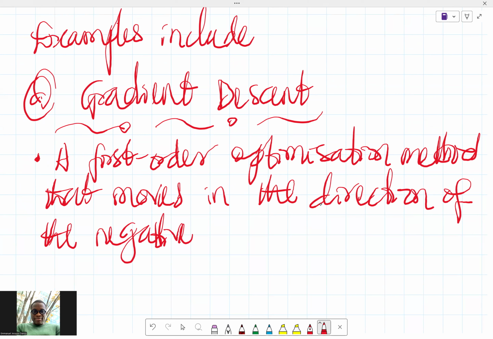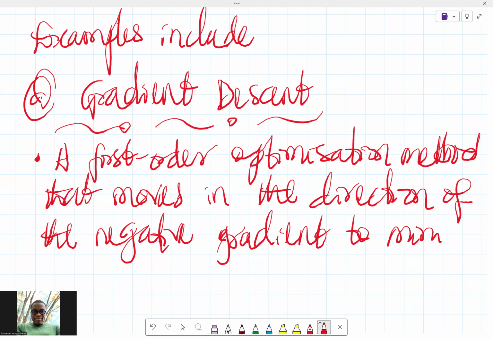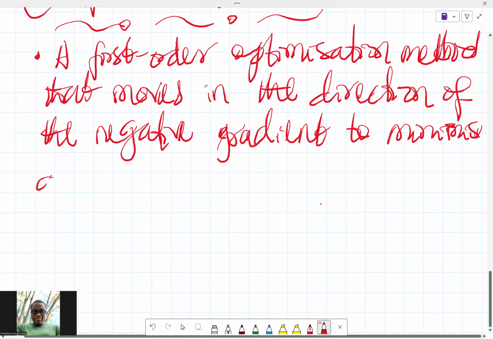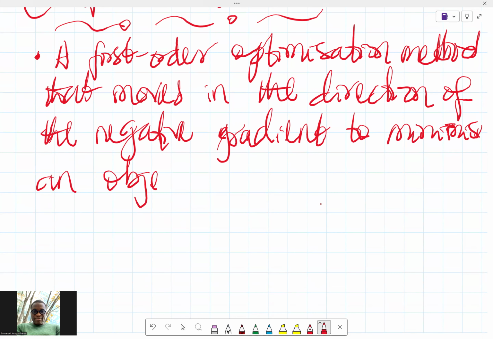So that's why it's a descent, right? In the direction of the negative gradient to minimize an objective function.